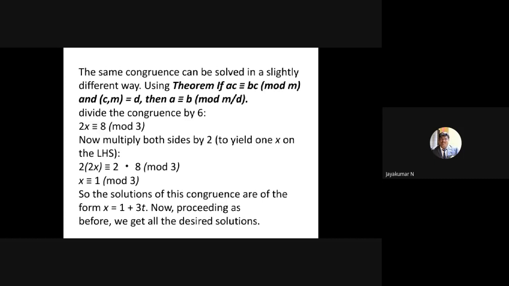So here x equal to 1, x congruent to 1 mod 3. This linear congruence can be written as the linear equation x is equal to 1 plus 3t.